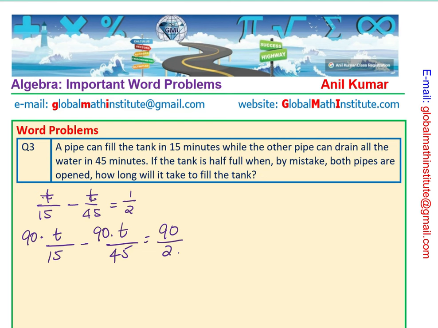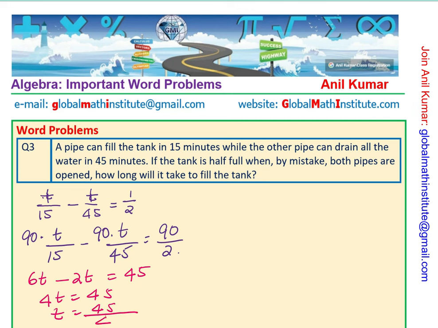You see that? So once you do this, you can see that 15 can be divided into 90 six times, right? So you get 6t minus, this is 2t, and that is 45. So 4t is equal to 45. So t is equal to 45 over 4, right? So we get time t, and this time is in minutes, equal to 45 over 4 minutes.